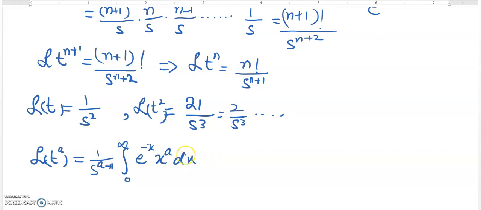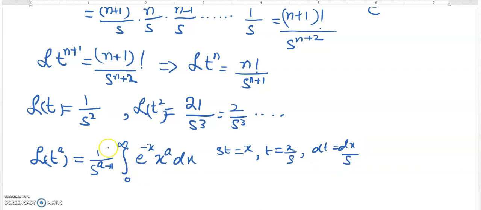Here we will use a transformation, s times t is equal to x. So t is equal to x over s and dt will be equal to dx over s.